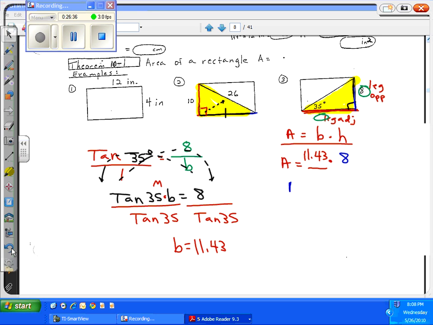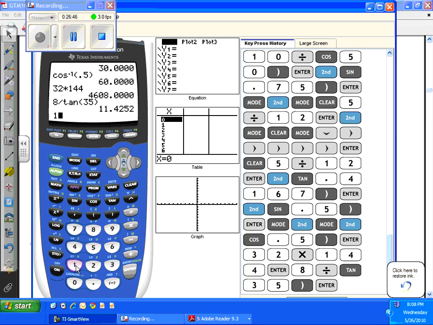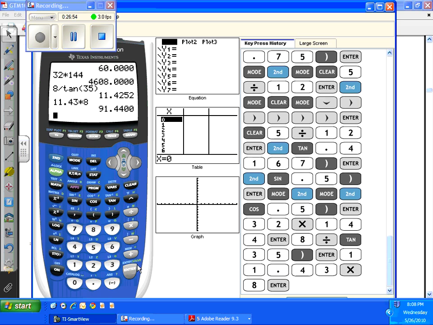And so then I'm going to multiply, and I'm going to get area equals 11.43 times 8. I could have not even rounded that and just multiplied by 8, to stay even more accurate. That's 91.44. I believe in the teacher's edition, I rounded that to 11.4.